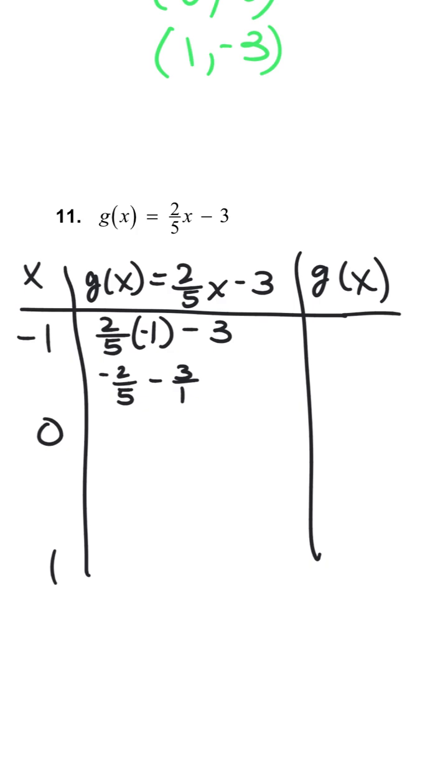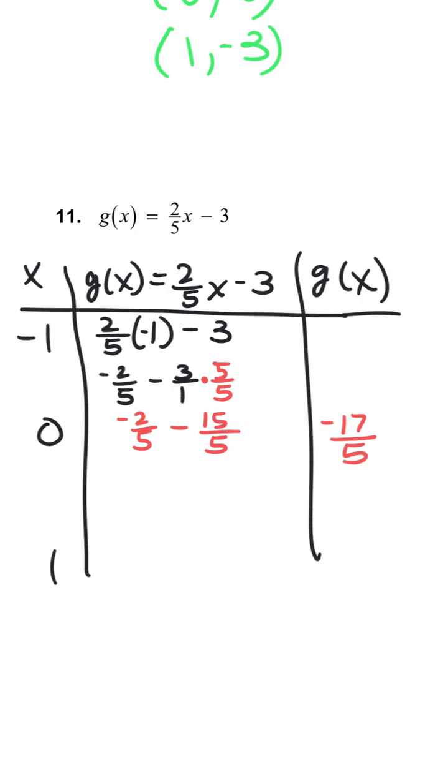I'm going to find the common denominator, which is going to be times 5, correct. So I have negative 2/5 minus 15 over 5. And what is negative 2 minus 15? Negative 17 over 5, correct.